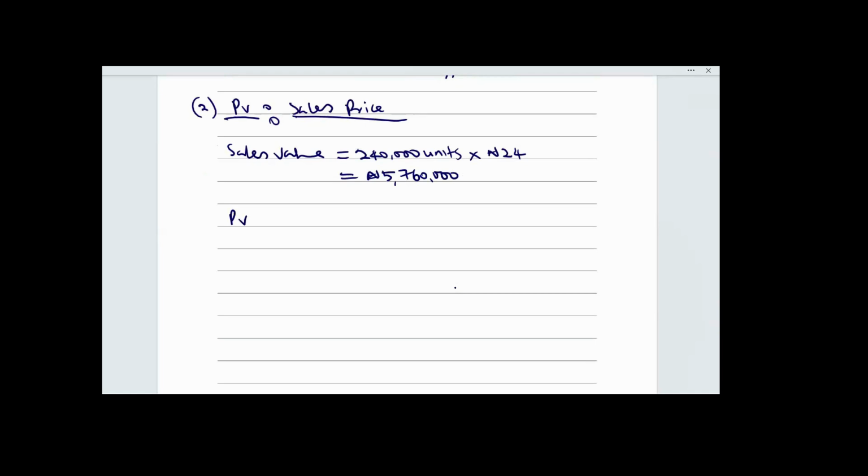Therefore, the PV of sales will be the total sales of 5,760,000 multiplied by annuity factor of 4.659. So this will give us 26,835,840.